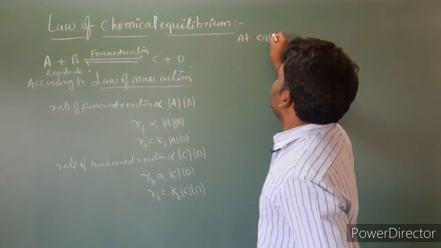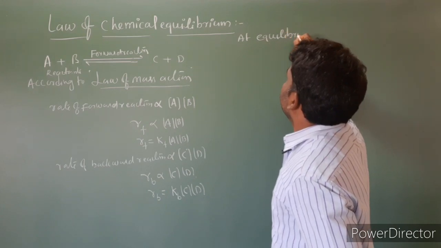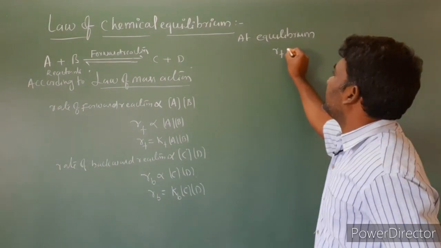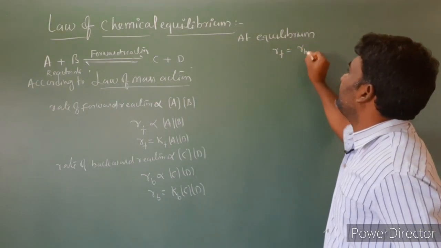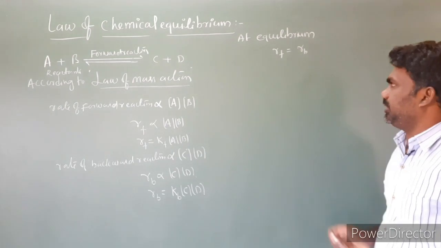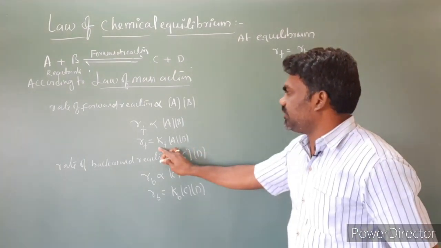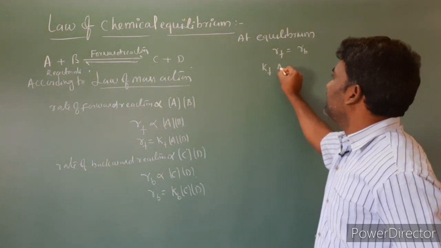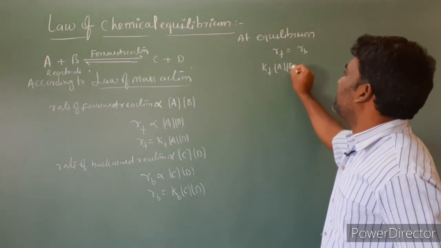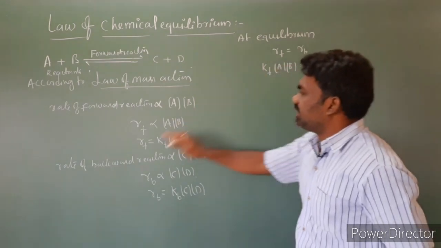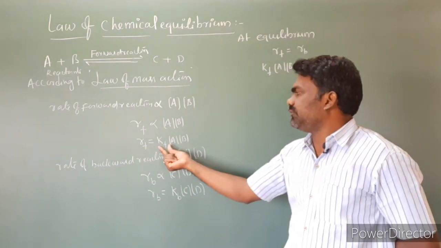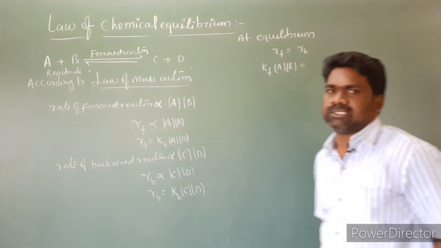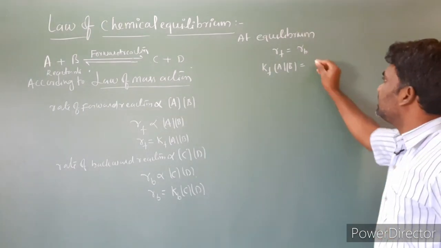So the rate of forward reaction, Kf, the rate constant of forward reaction, times the product of A concentration and B concentration, is equal to the rate of backward reaction.